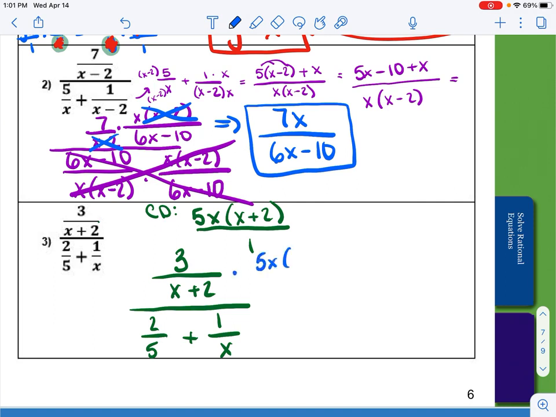So I have times 5x times x plus 2 over 1, and the same thing for each of these. You could think of this all being in parentheses and distribute it through. Might be a better way to think about it, but I like writing it by each, and it won't mess me up.